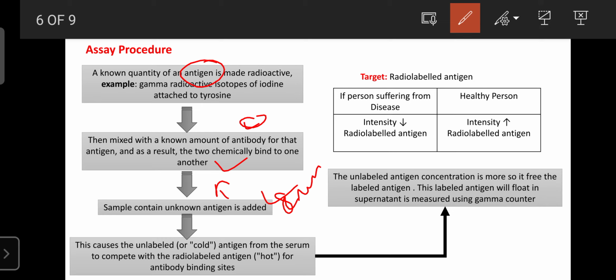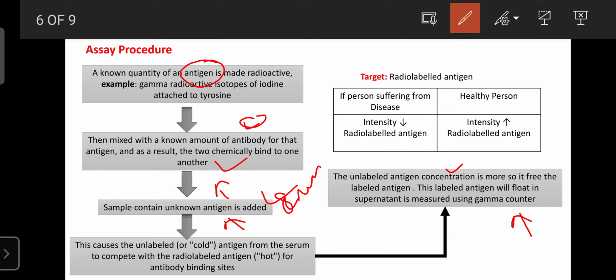Where the radioactive antigen is present at the same site, the patient antigens compete for the binding. If it is replaced, the radioligand or labeled antigen becomes free. As the unlabeled antigen concentration is higher, more labeled antigen is free. This labeled antigen in the supernatant is measured using the gamma counter.